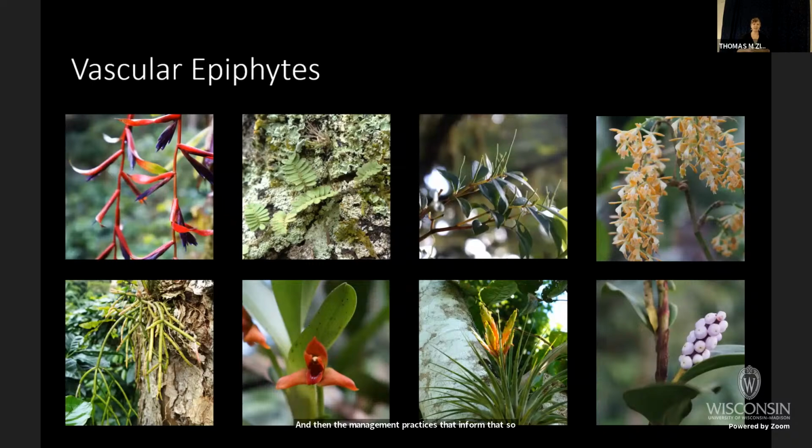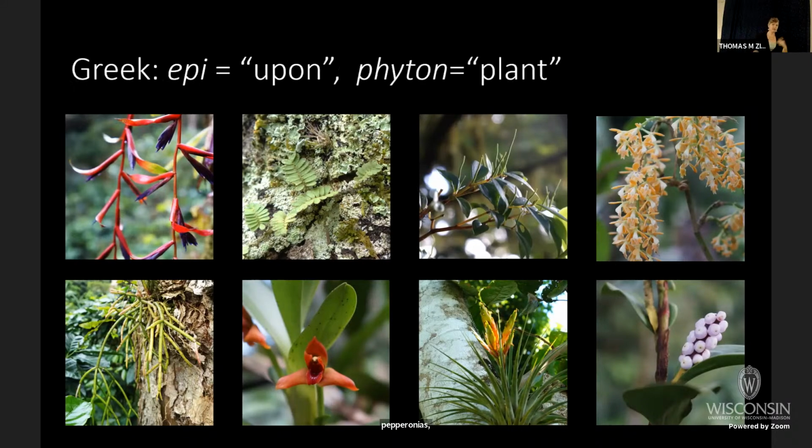A lot of us here in the northern country know these best as houseplants. So a lot of these are orchids, bromeliads, many different species of ferns, peperomias, aroids are all in this category of vascular epiphytes. Epiphyte comes from the Greek epi, meaning upon, phyton, meaning plant.